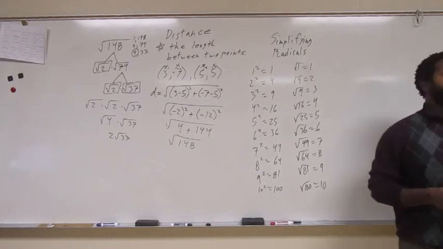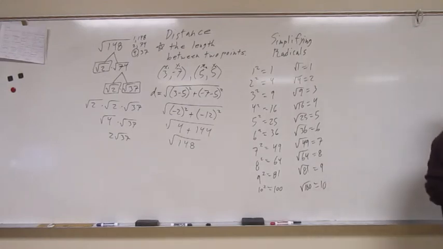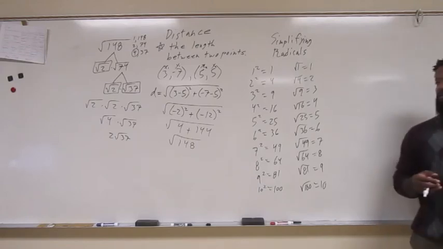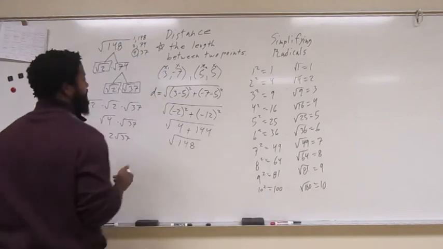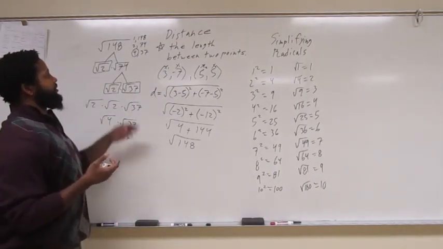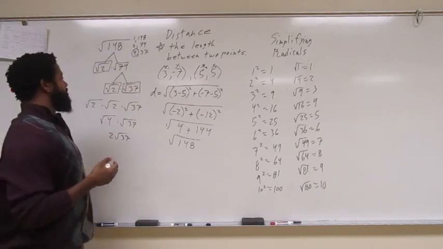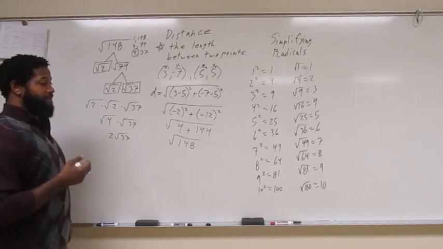So if you know this, if you just focus on this, you'll be able to look at it and say, okay, I don't know which numbers go into this, so let me just keep dividing by 2. Oh snap, and you get down to 2 times 2 times 2 times 2.